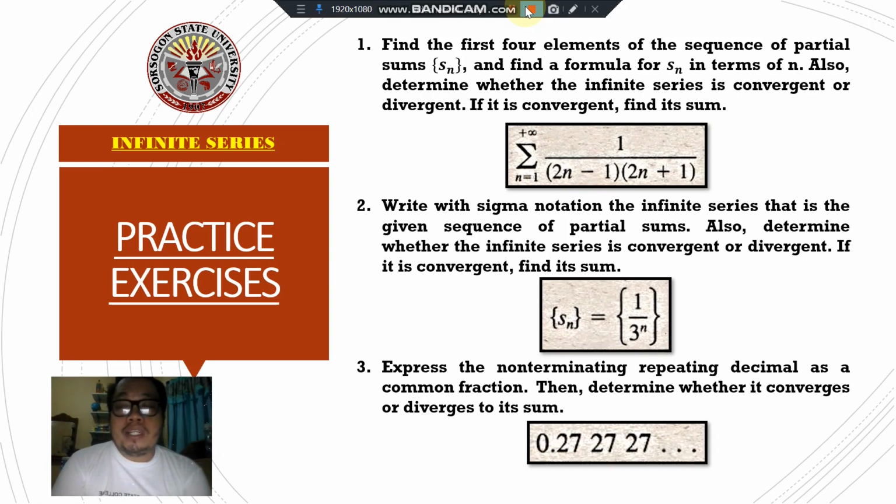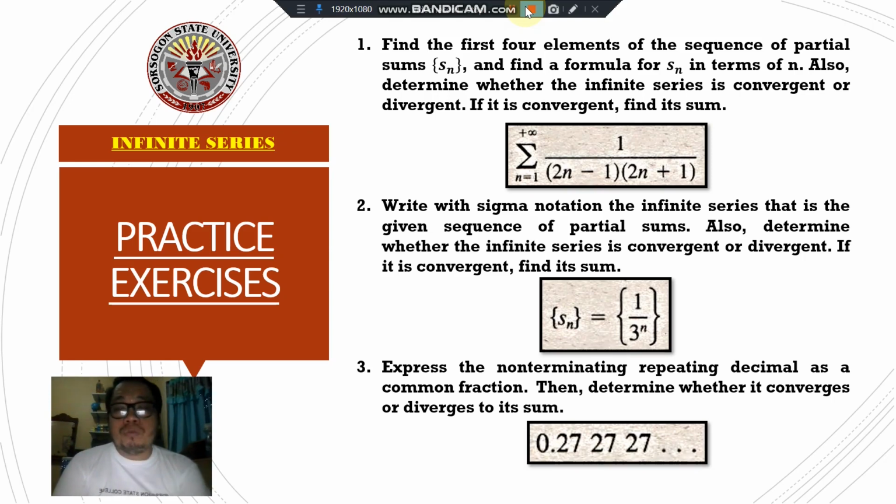For number one, you're tasked to find the first four elements of the sequence of partial sums S sub n and find the formula for S sub n in terms of n. Also determine whether the infinite series is convergent or divergent. Then if it is convergent, find its sum. That is the given infinite series for number one.